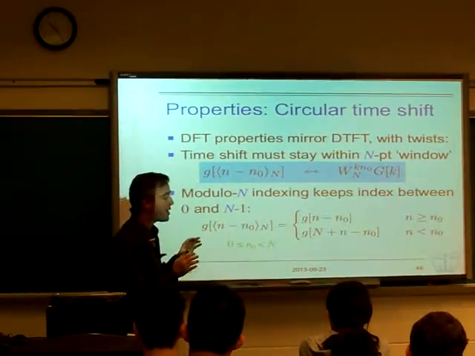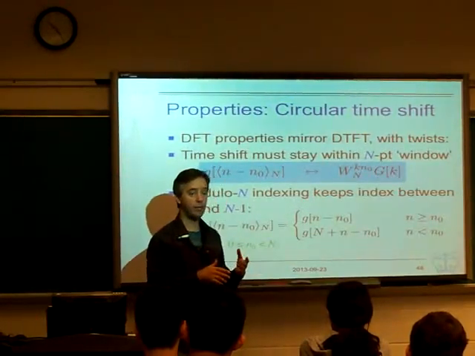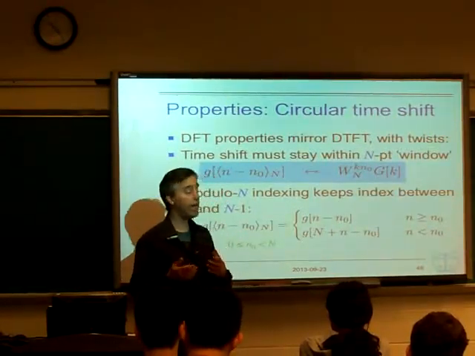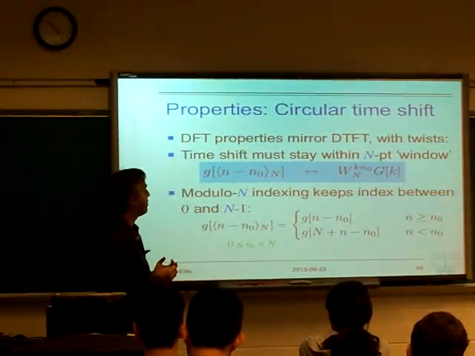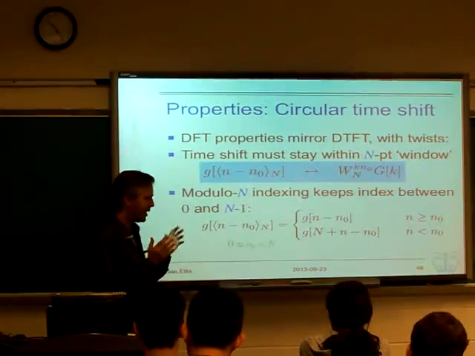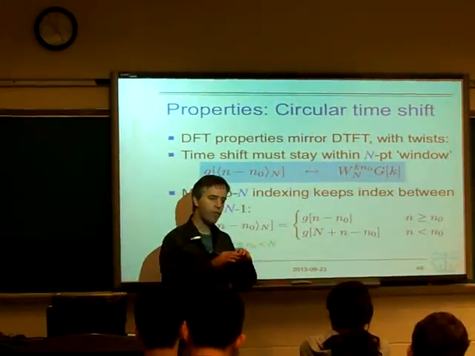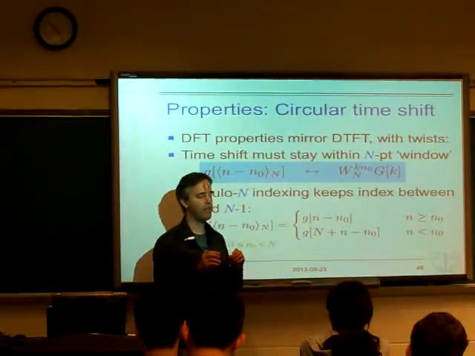This is because we want to figure out how the properties that we've generalized from the Fourier transform to the discrete time Fourier transform actually appear in this discrete Fourier transform space, because clearly there are going to be some problems. In the DFT, the time axis only really exists between 0 and big N minus 1.